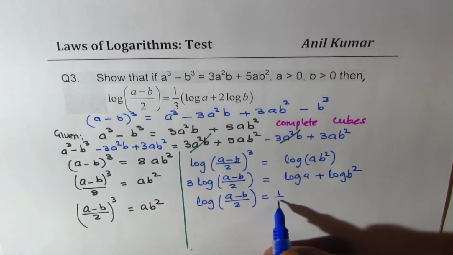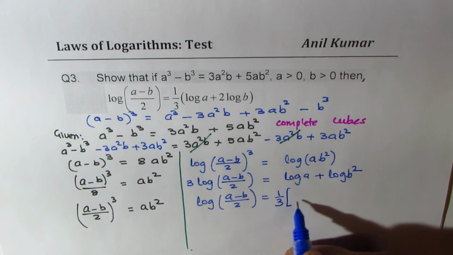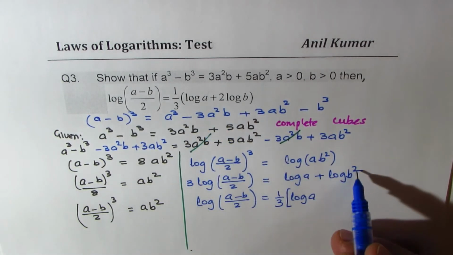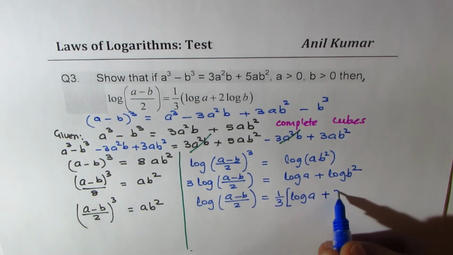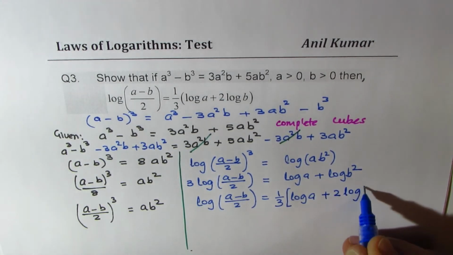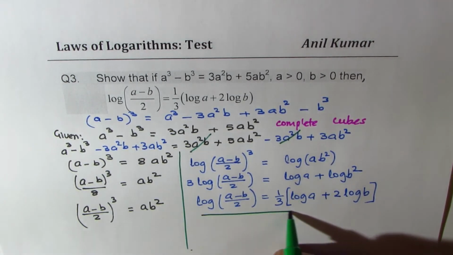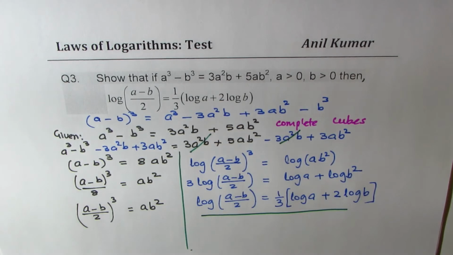And then here we get 1 over 3 within brackets log of a, and we want 2 log b, which is with power rule 2 log of b. Does that make sense, right? So we have shown that this identity is proven. Perfect.